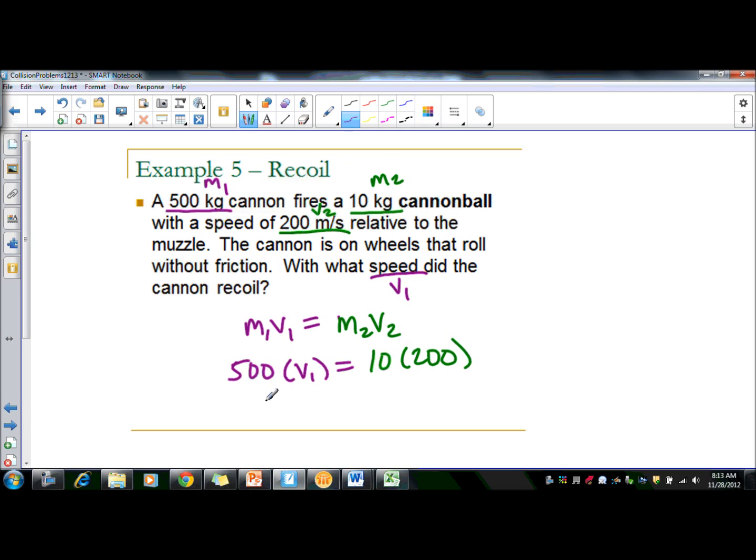So on this side we get 500 times v1, and on this side we get 2,000. So we divide by 500 on both sides, and we get a v1 of 4. So 4 meters per second. So here again, large mass, small velocity, smaller mass, larger velocity.